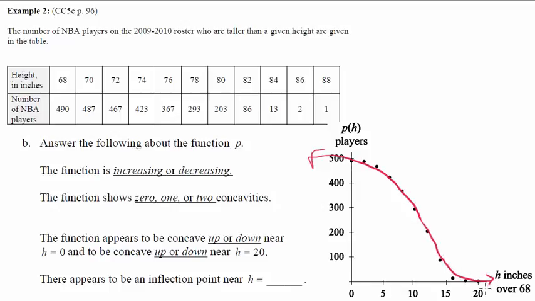Alright, what is important for picking the right model is that you say, okay, this model has an inflection point, so I know it is either logistic or cubic. Then we ask, are there limiting values? Yes, there is a clear upper limit of the total number of players in the NBA.